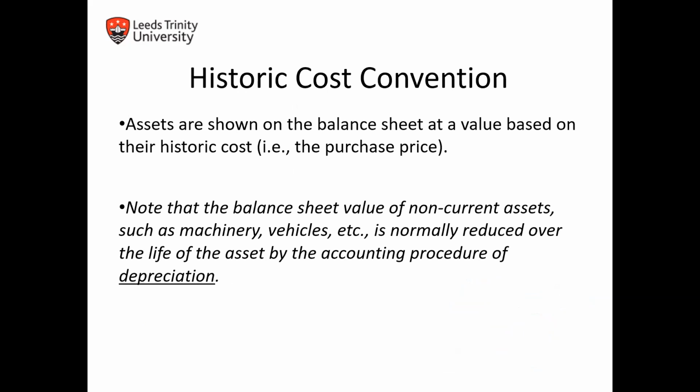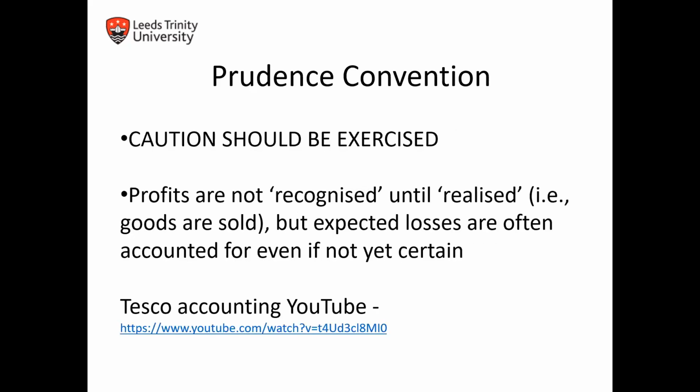For example, one of them, the historical cost convention. What does it mean when we say historical cost convention? Assets are shown on the balance sheet at a value based on the historical cost. So when we put in how much asset we are holding or how much we paid for inventories, we refer to the historical cost of those items: plant, infrastructure, property, land, stock, inventories, etc. Whatever we paid, after a while, when we want to reflect it in our financial performance, we use historical cost.